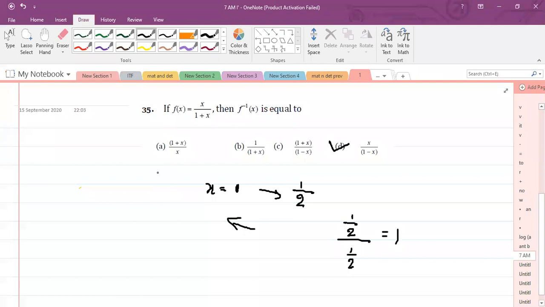If options are not defined, then you cannot substitute those values. Is it clear? Substituting the values and getting the option is completely different from the traditional method. Traditional methods are time consuming. So let me move to the next problem.